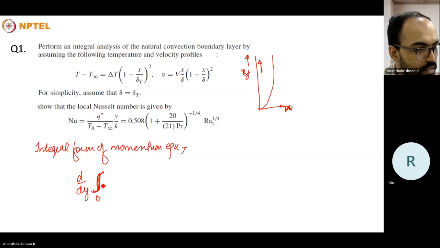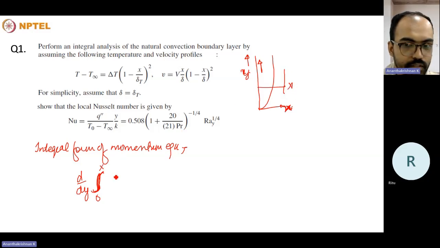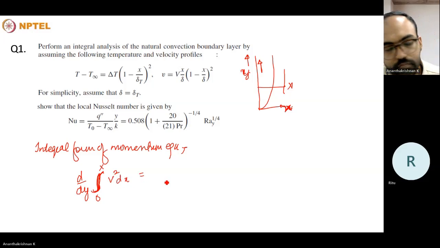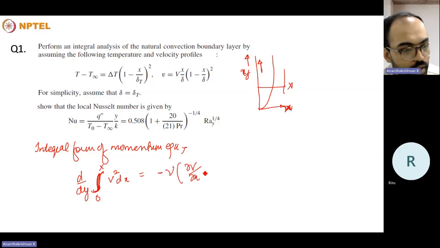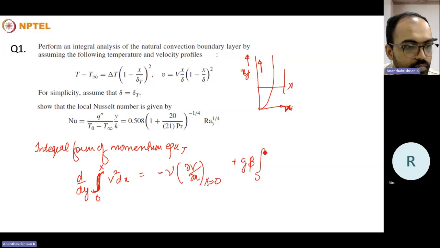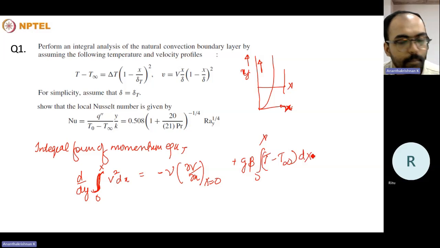The integral from 0 to x, where x is somewhere far away from the wall, of v squared dx is equal to minus nu dou v by dou x at x equal to 0, plus g beta, the additional term that comes into the picture due to buoyancy, integrated from 0 to x of (T minus T infinity) dx.